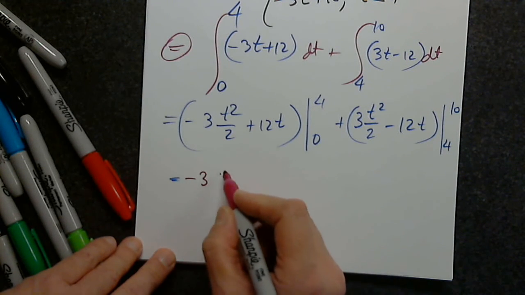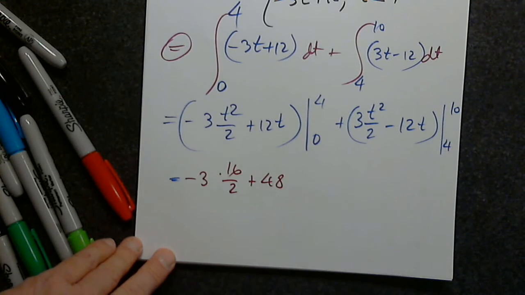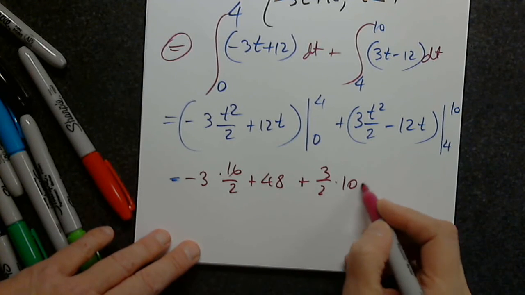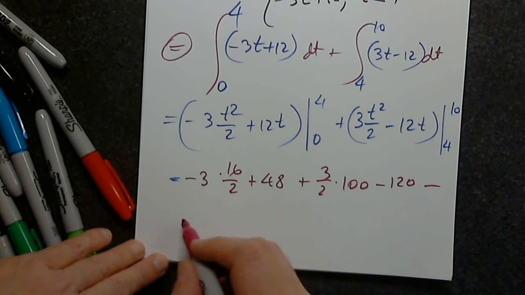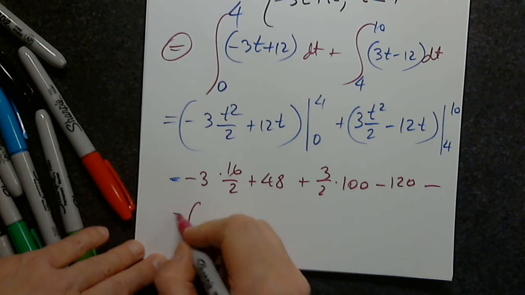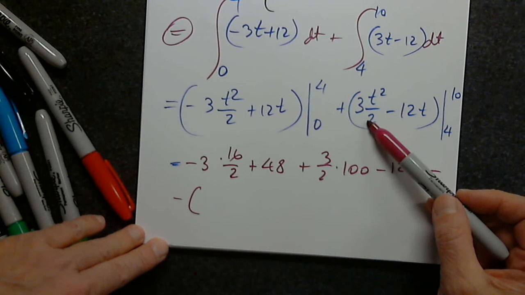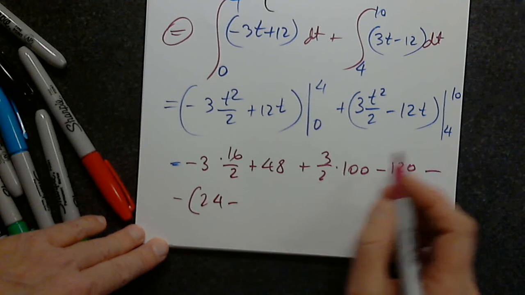So negative 3 times 16 divided by 2, plus 48. And then I don't have to worry about the 0. But then plus 3 halves times 100 minus 120 and minus, sorry about that. So 16 divided by 2 is 8. So it's 24 and minus 48.